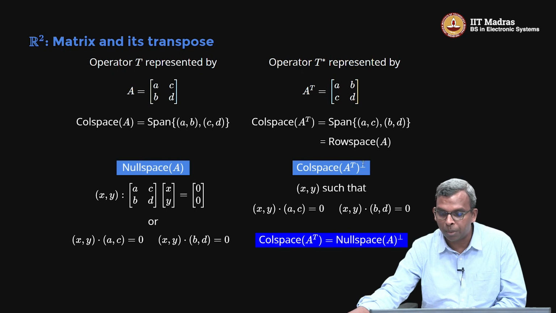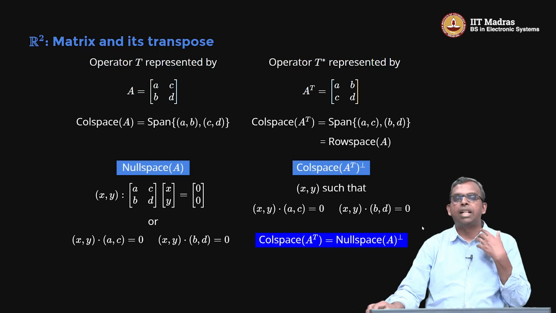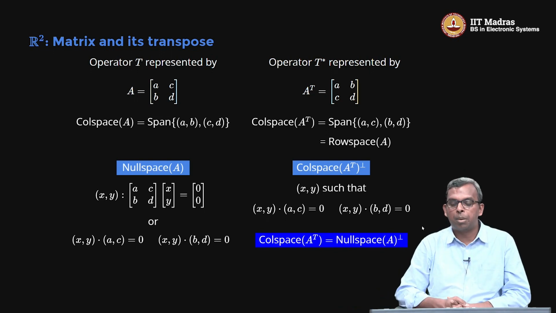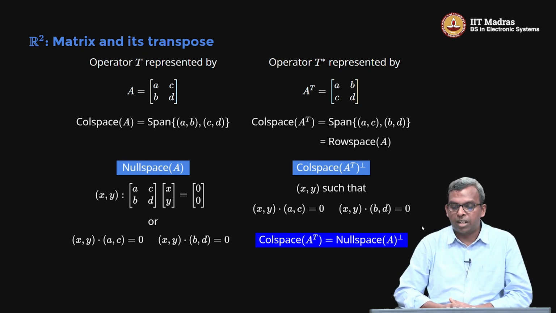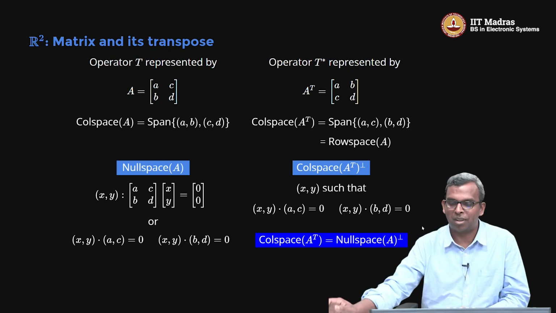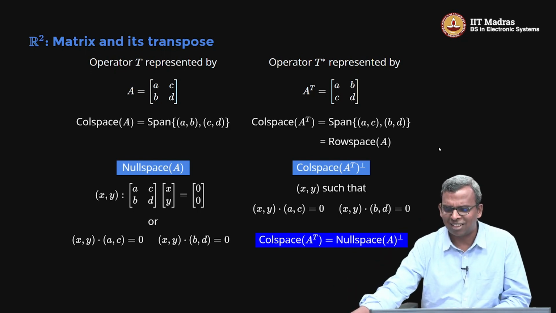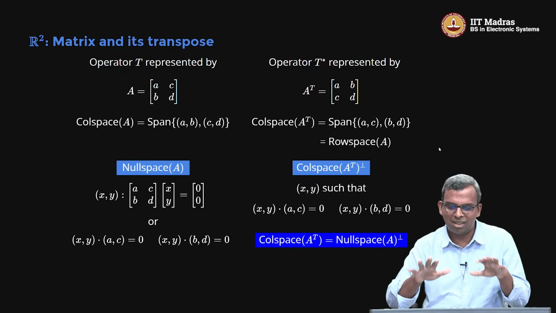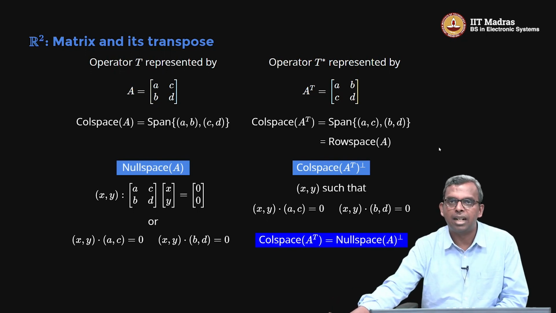Instead of the perpendicular here and the null space, I can say the column space of A transpose is actually the orthogonal complement, the dual, of the null space of A. The space you get from the null space is actually the column space of A transpose, or the row space of A, right? All these things can turn you around a little bit, but just take your time and let it sink in. You'll see the really close connections between T and T star.